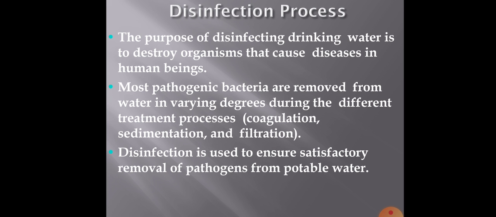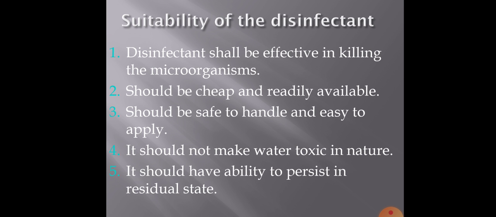Now, we'll be discussing what are the various disinfection processes that are adopted in the water treatment process. So before that, what do you mean by a disinfectant? So a disinfectant is a substance that we use for the disinfection purpose. So the substance which is used for disinfection of water, we call a disinfectant.